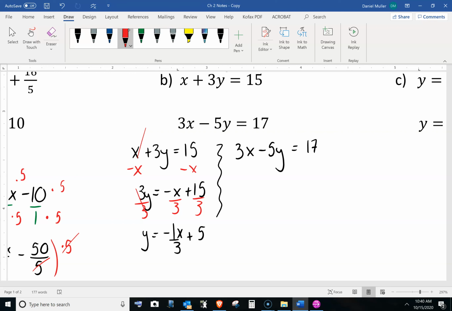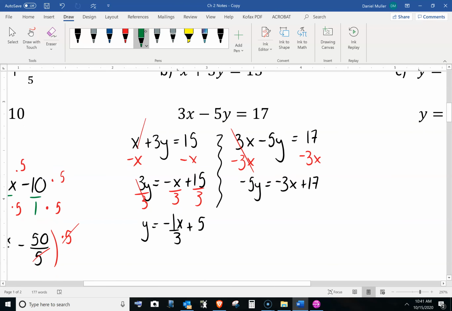For this other equation here, I'll move over the 3x, so I'll subtract it. Just like the first question on the left there, I can't combine the x with the 17 because they are not like terms. So negative 5y equals the negative 3x plus 17. And like the last chapter, I like to write the x first.